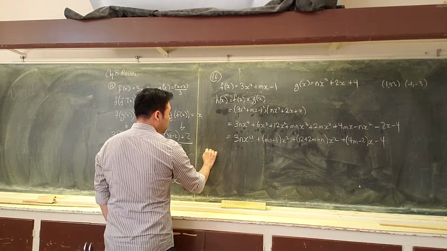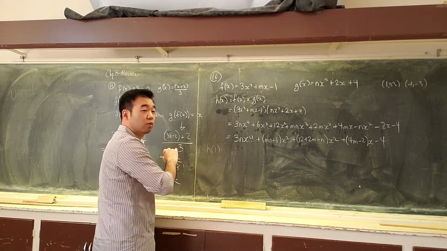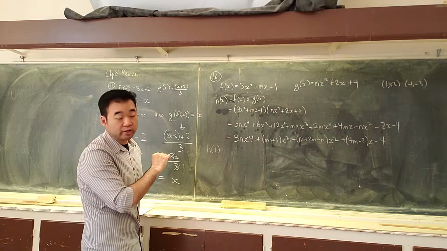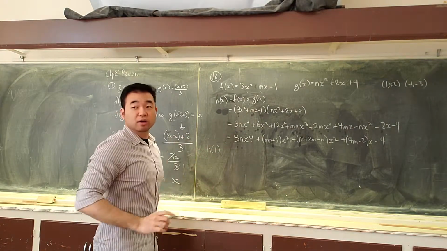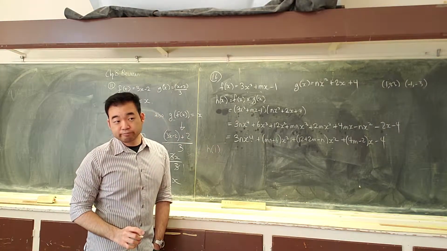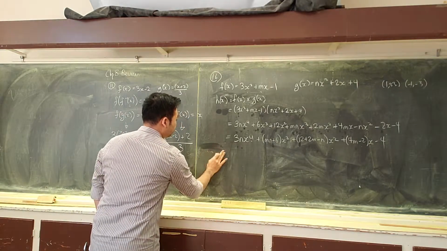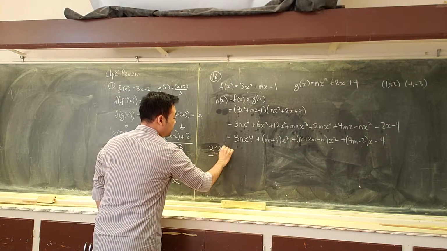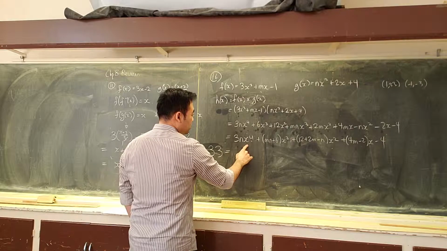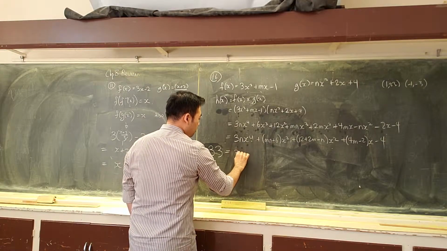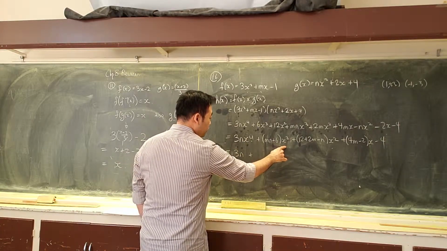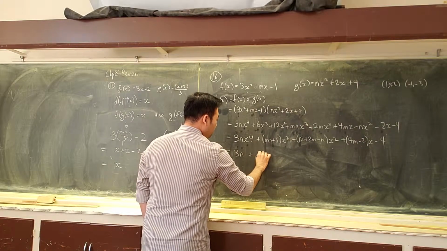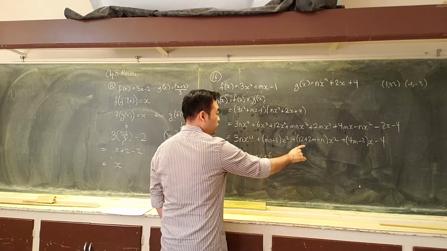I am going to take a look at what happens when x is equal to 1. If x is equal to 1, what should the y value be? So you can actually put it in. 33 is going to be the result if x equals 1.